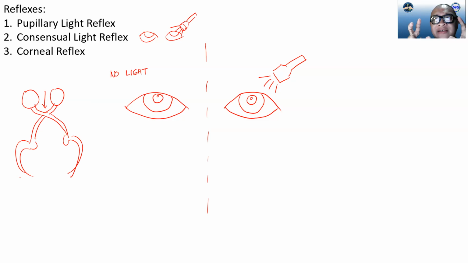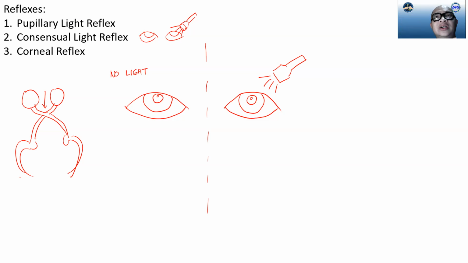Our eyes move as one, both of them. Okay, that's how they are wired. Now, imagine if they're not wired like that, you're going to have a lot of headache with all that double vision. Okay, so that's your consensual light reflex.